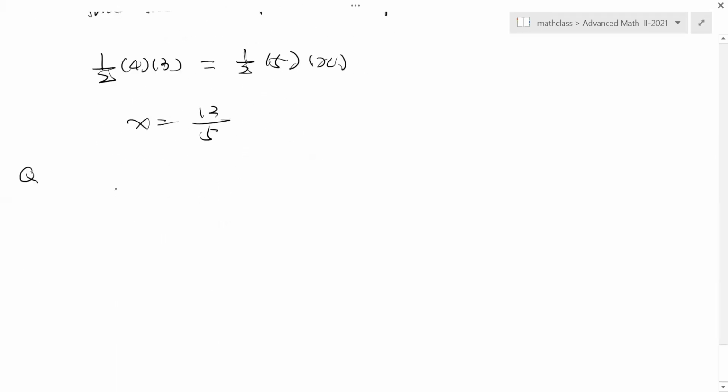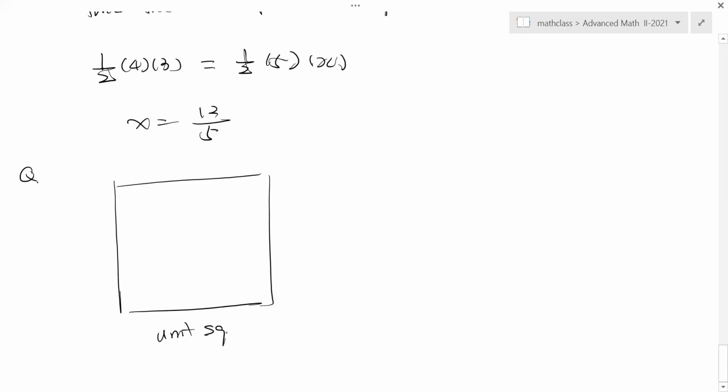Okay, so you have a square. This is a unit square. Unit square means each side has 1 unit. And this is A, B, C, D. E is the middle point.